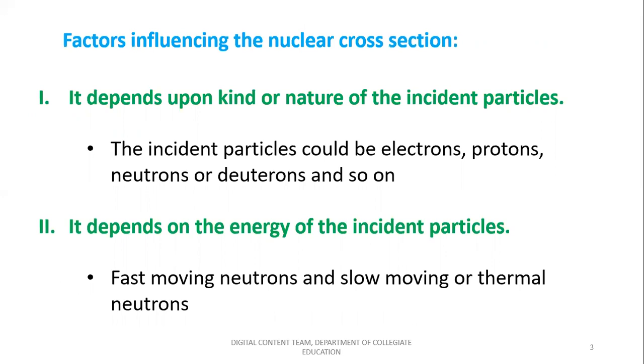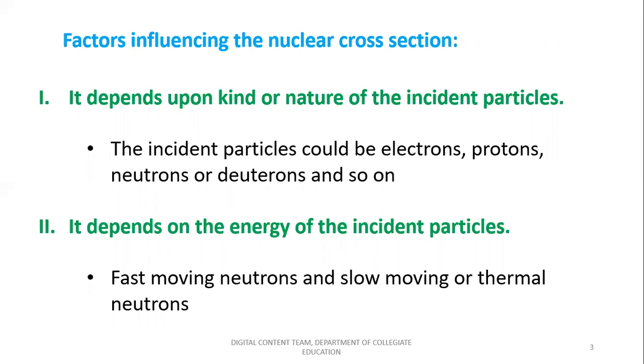It depends upon the kind or nature of the incident particles. The incident particles could be electrons, protons, neutrons, or deuterons, and so on. Firstly, when incident particles such as protons, which are positively charged, are incident on a target nucleus, they are repelled by the nucleus away from it.